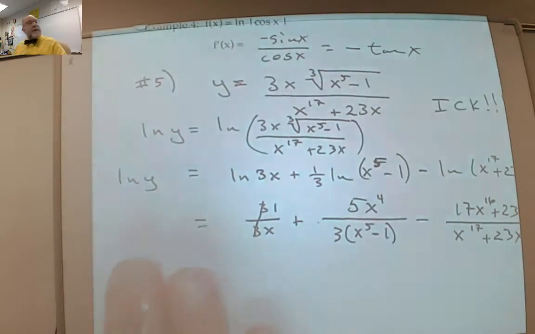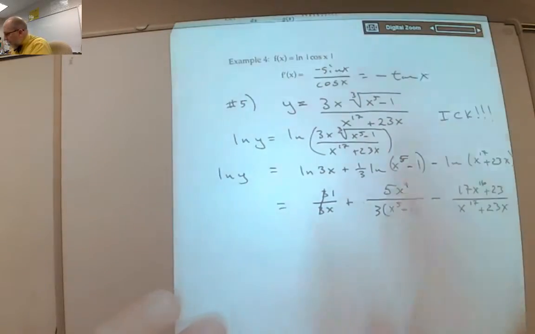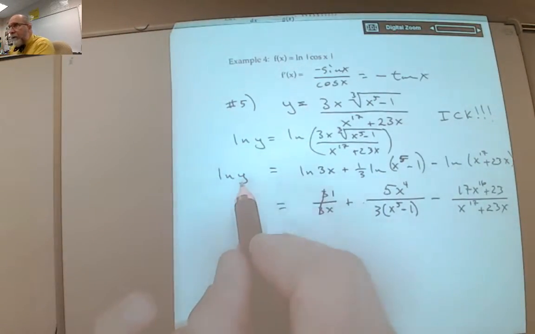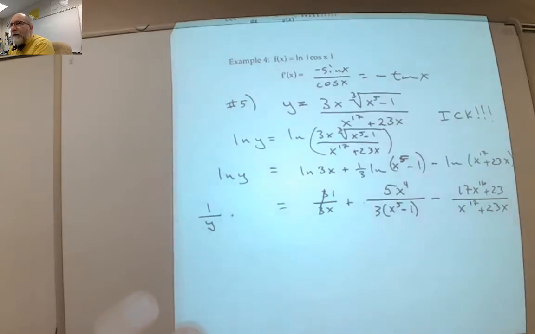Now here's the other part that you need to understand. In the next couple of problems, I'm going to show you where we're going to use this. Same rule. What goes on the bottom? y times. What's the derivative of y? Do you know, Logan?